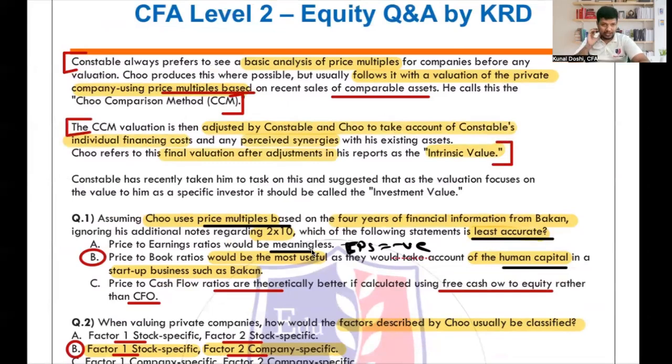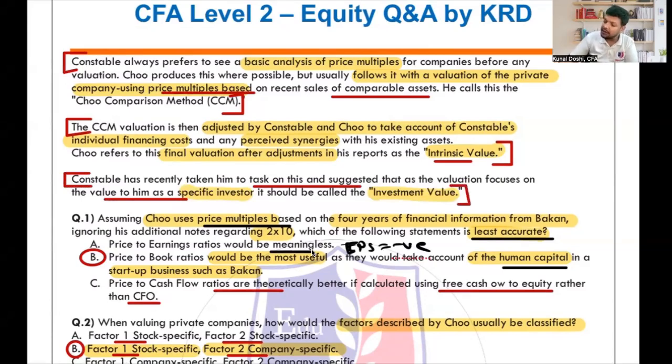Is he correct about this or not? See, what is here? What is this valuation? He uses this term called investment value, right? But Constable has recently taken him to task on this and suggested that the valuation focuses on the value to him as a specific investor. It should be recalled as investment value.